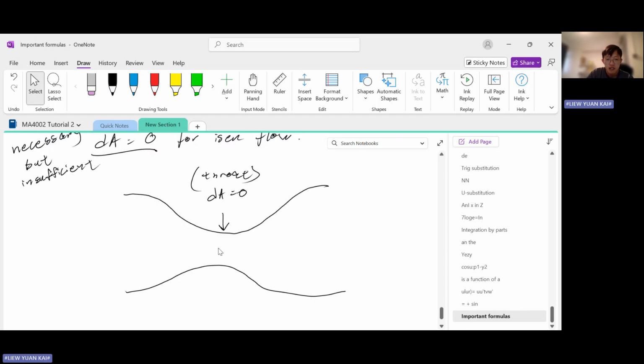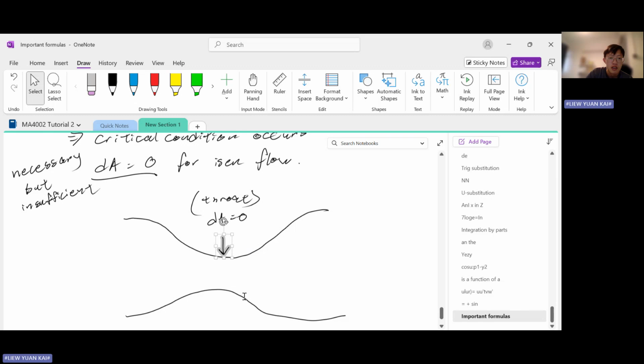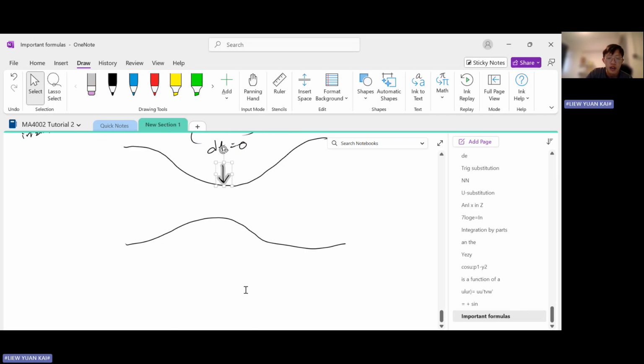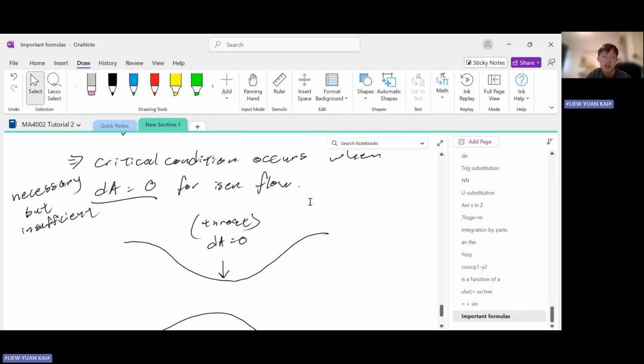It could be subsonic at the throat; it doesn't have to be M equals 1. However, if you have a convergent diverging nozzle, the point where M equals 1 must occur at the throat.